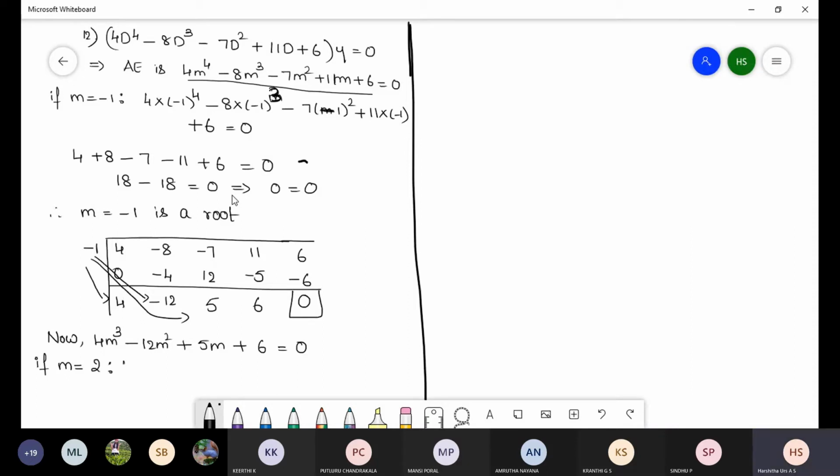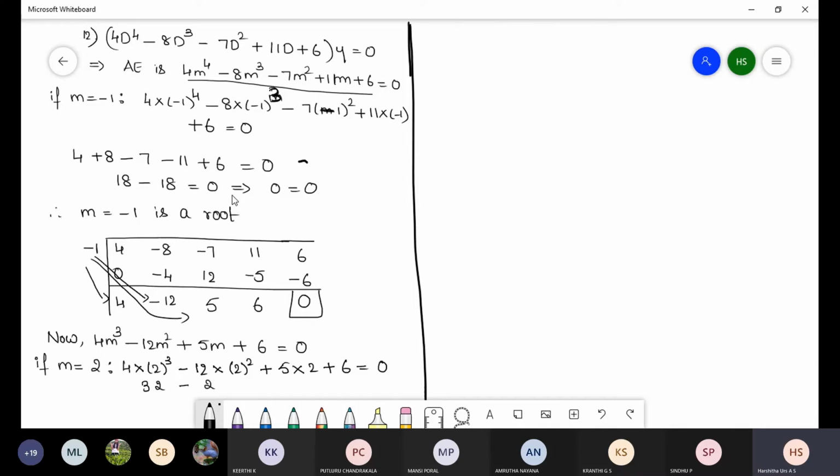So here 4 into 2 cube minus 12 into 2 square plus 5 into 2 plus 6 is equal to 0. So 8 fours are 32.